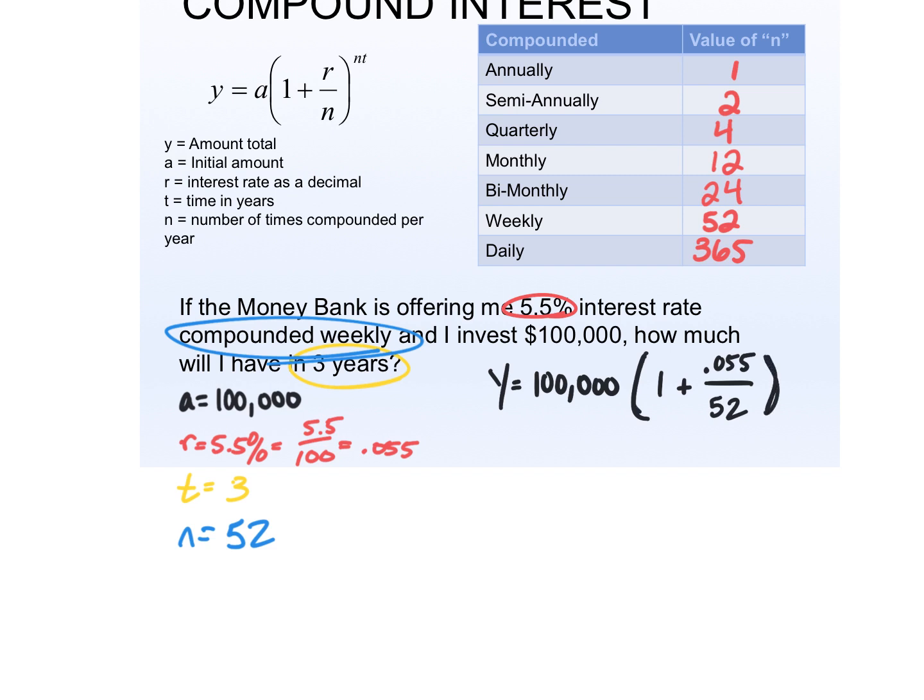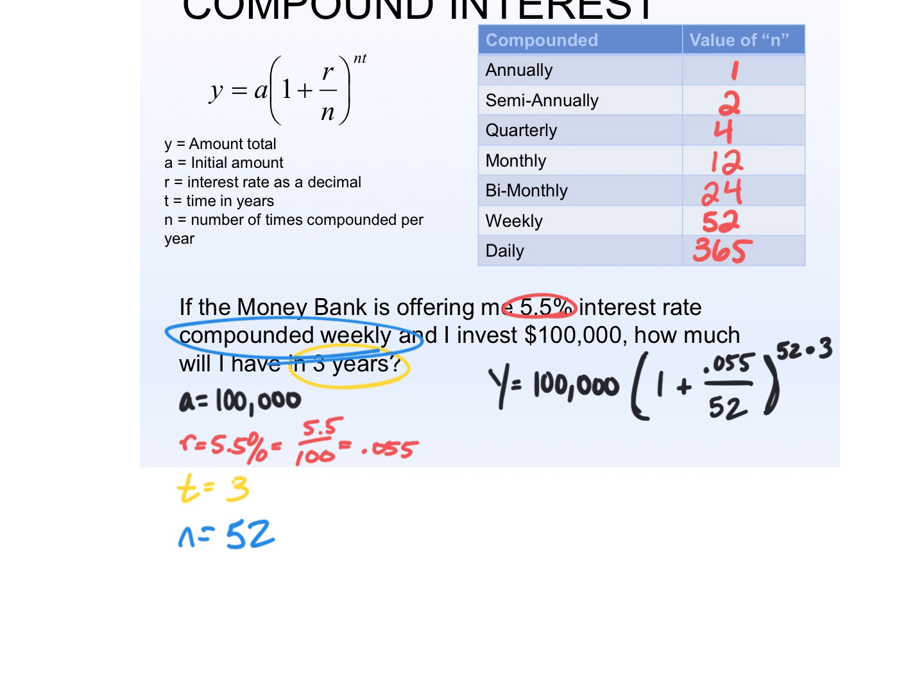And then that whole thing is raised to an exponent. Well, up in that exponent, you should see it is N times T. So that means you need to take your N value, which was 52, and multiply it by the T value, which is 3.